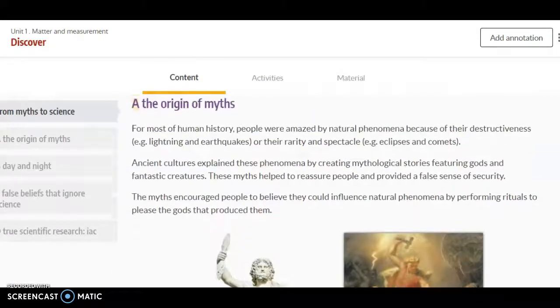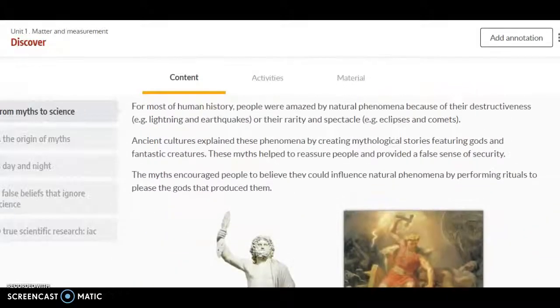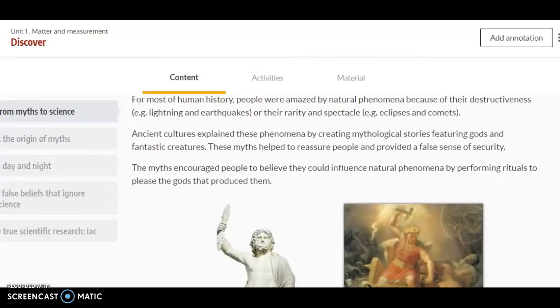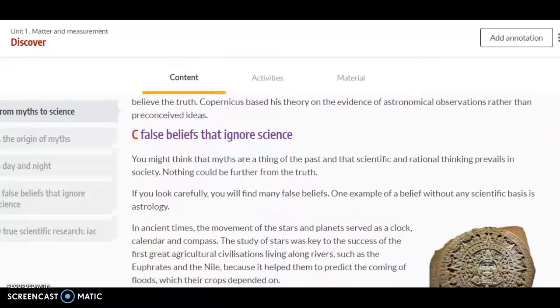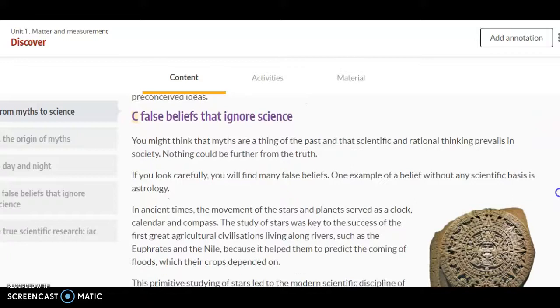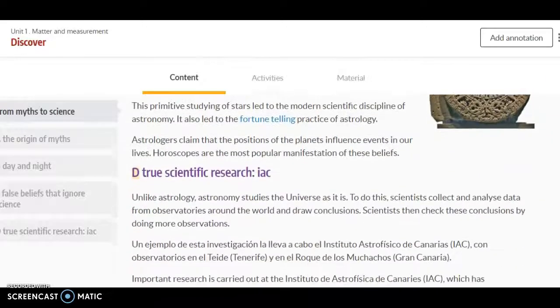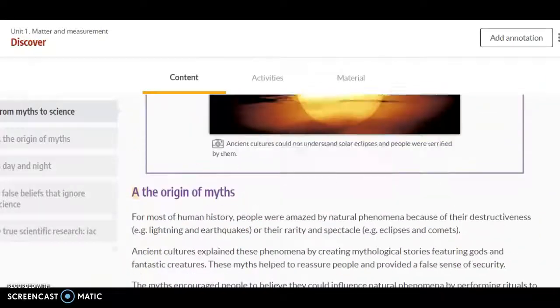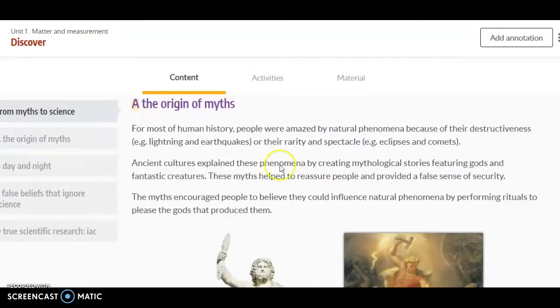Finally, we have from myths to science. Make sure that you understand what myths are, what they were used for. I'm going to ask about false beliefs that ignore science. You have to understand where astronomy and astrology come from, and understand that myths helped reassure people and provided a false sense of security.